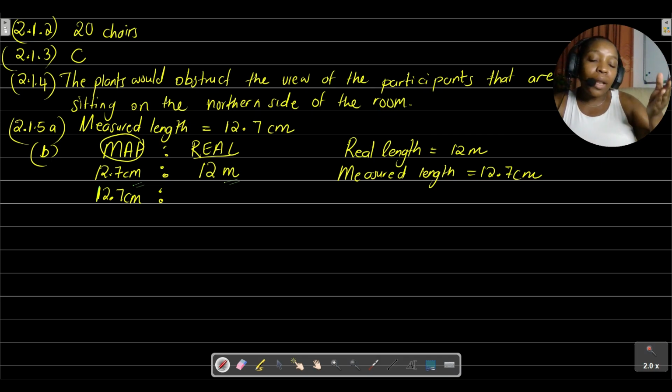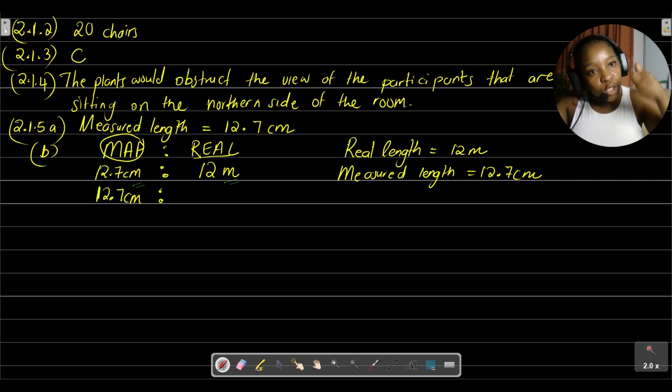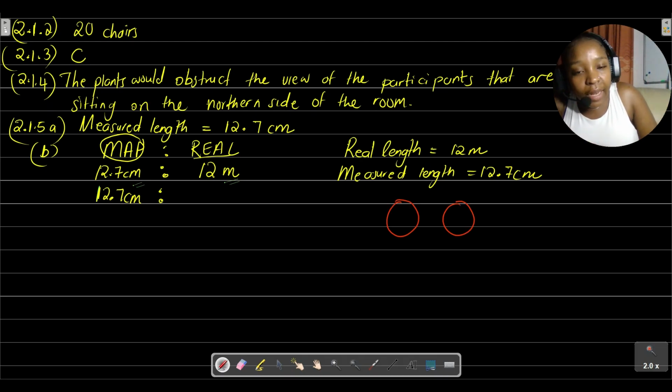So now this is where you need to know how to convert. When it comes to measurements, you need to be able to convert. Conversion is very important. You need to know how to move between the different units of measurement for length, for volume, for weight. So how can I convert meters to centimeters? You need to make use of that diagram that I always use in my channel, okay?